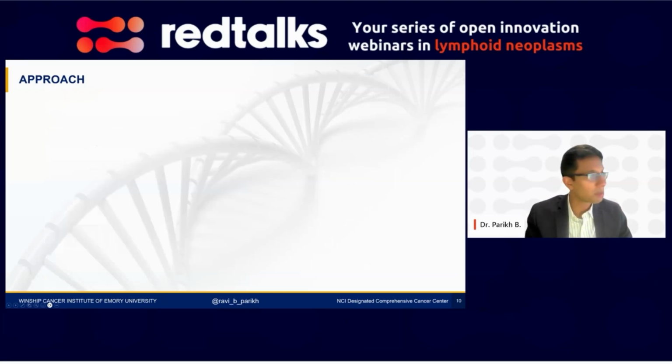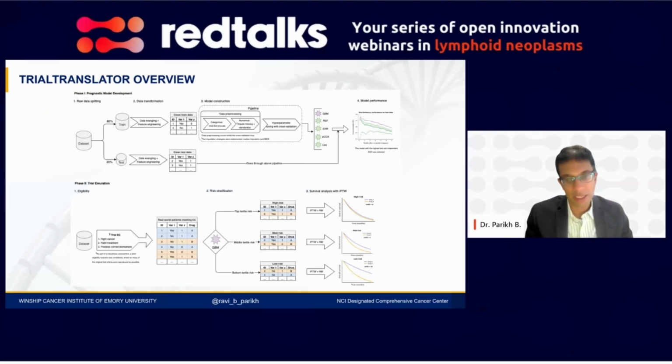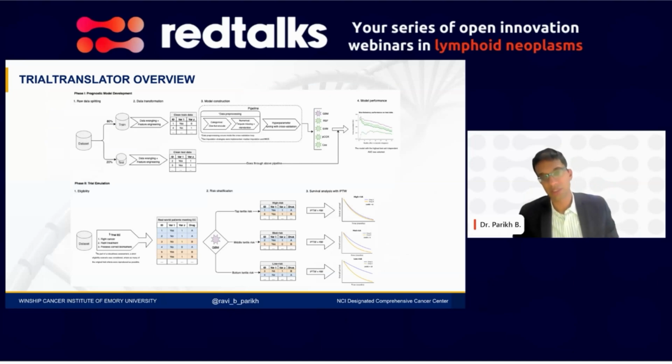So here was our approach. In the first stage of this pipeline, you can see from the top here, we first took data sets within each of the 4 advanced solid malignancies that we were working with. In this case, we chose data sets that had relatively large sample size: breast, colorectal, non-small cell lung, and advanced prostate cancer.